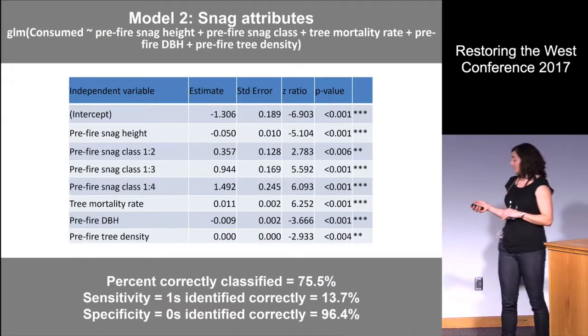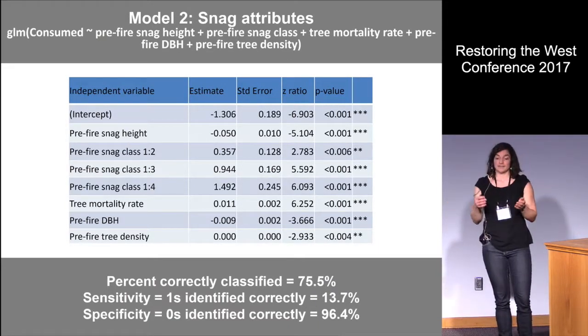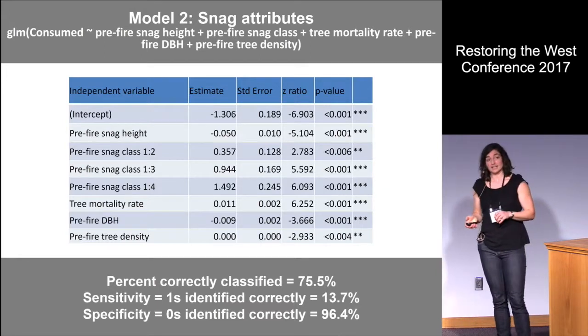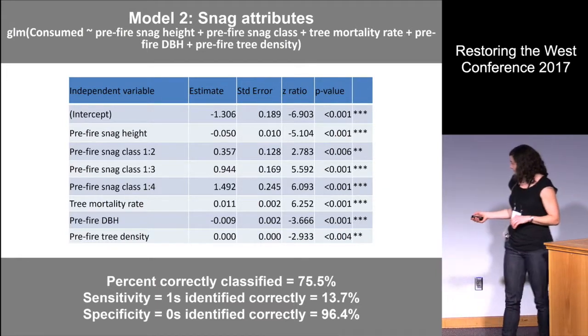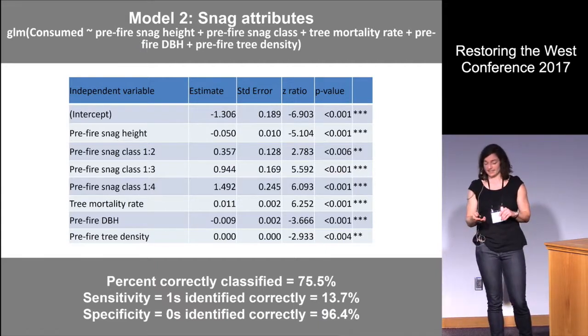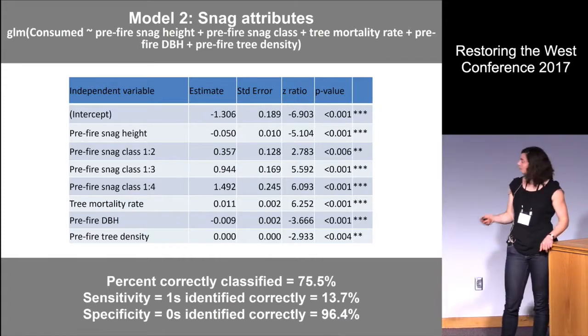So moving on to the second model, that included tree density and tree mortality as significant predictors of snag consumption. And there was a marginal increase in the percentage of consumed snags that were predicted.